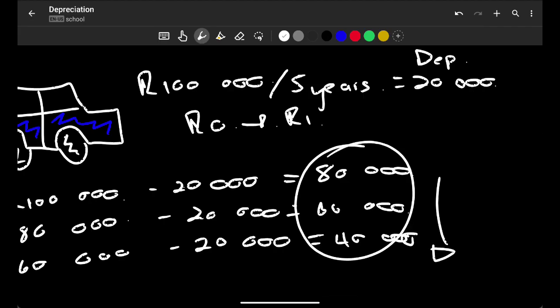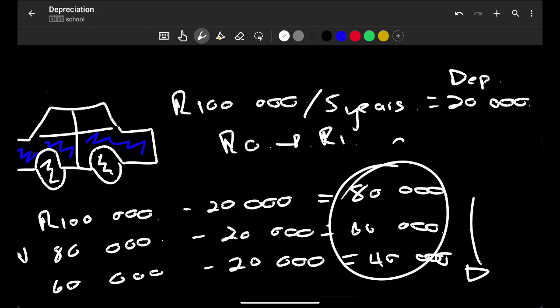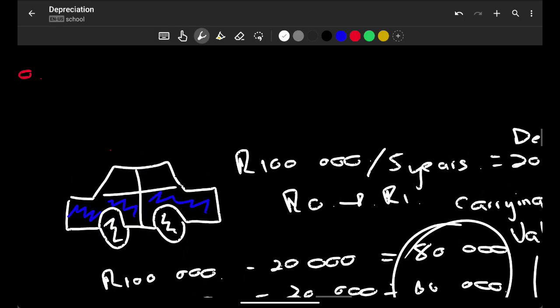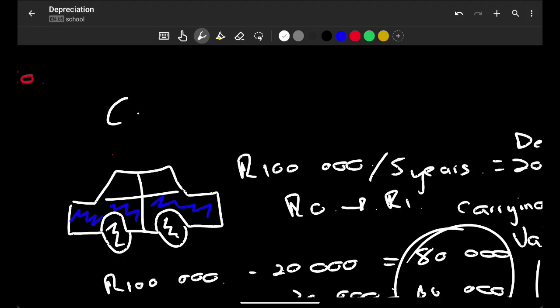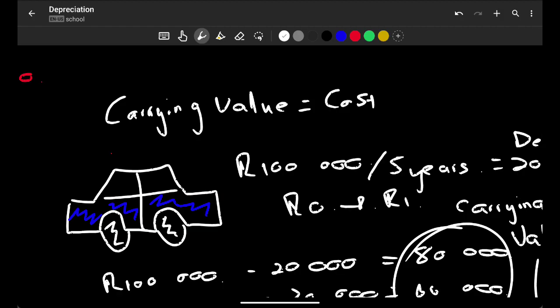And this we call carrying value. Carrying value means that carrying value is what the vehicle is worth at the moment after the depreciation, right? So carrying value is your cost minus depreciation, right?